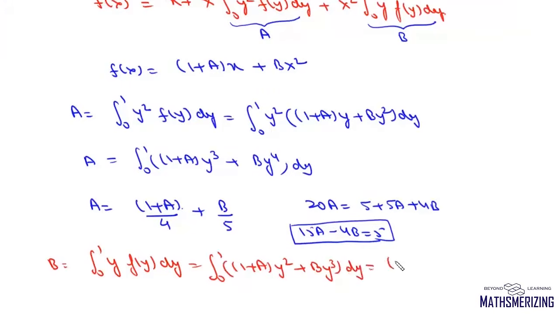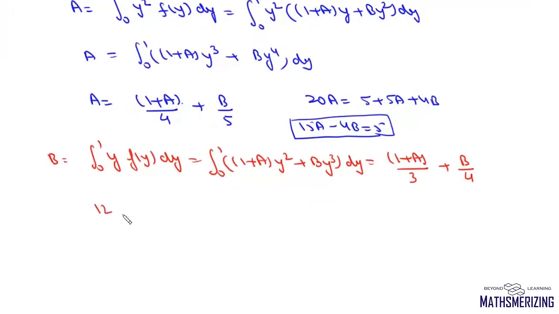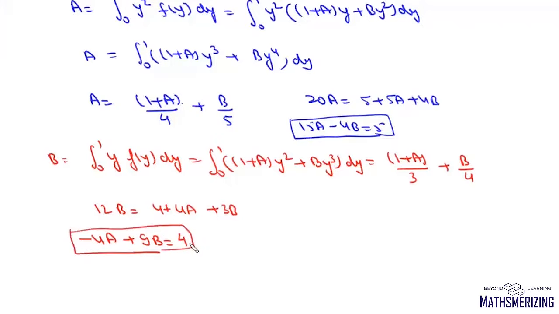So it will be simply 1 plus a y cube upon 3 plus b y to the power 4 upon 4. Now we can write this as 12b equals 4 plus 4a plus 3b, that is minus 4a plus 9b, and it is equal to 4.